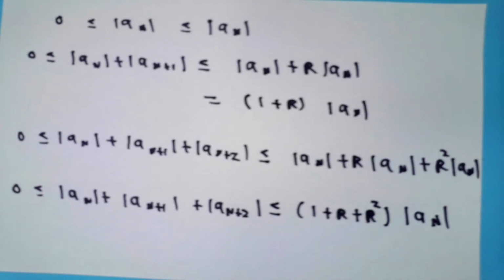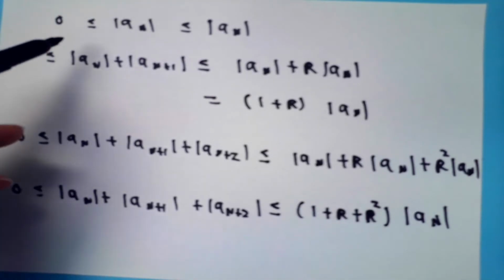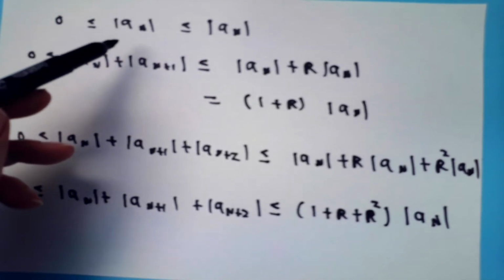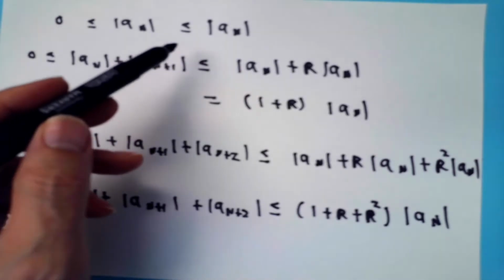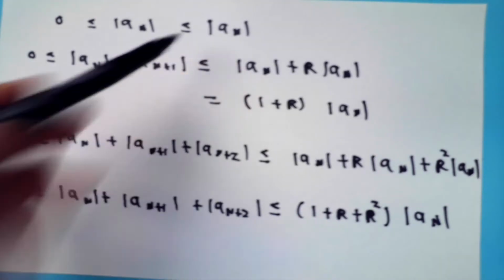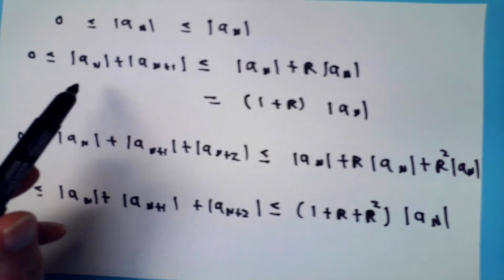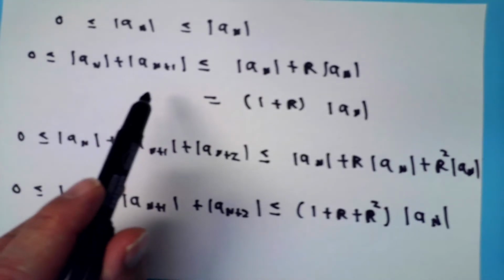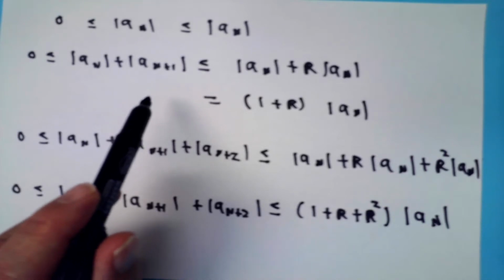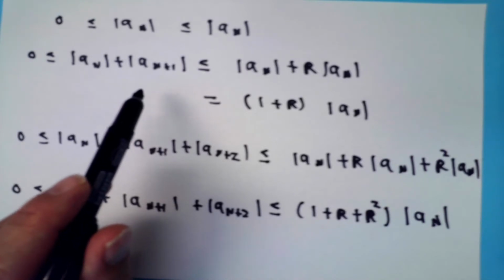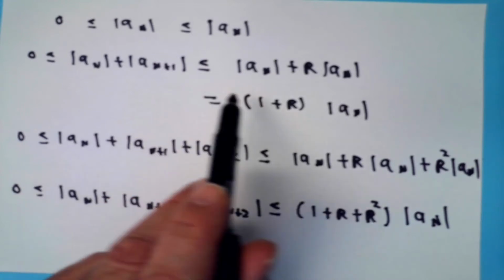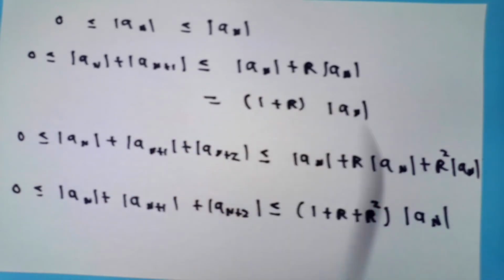If I look at some of the indicated partial sums, obviously 0 is less than or equal to absolute A sub capital N, which is less than or equal to absolute A sub N. Zero is less than absolute A_N plus absolute A_{N+1}. A_{N+1} in absolute value is less than or equal to R times absolute A_N.